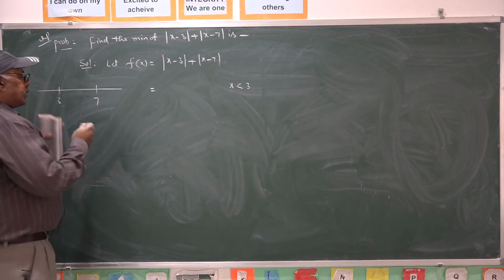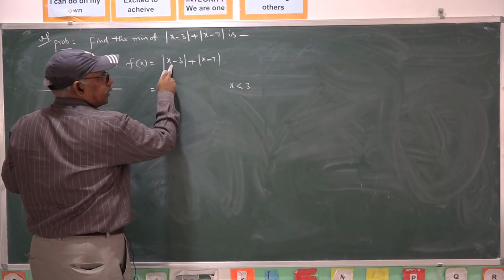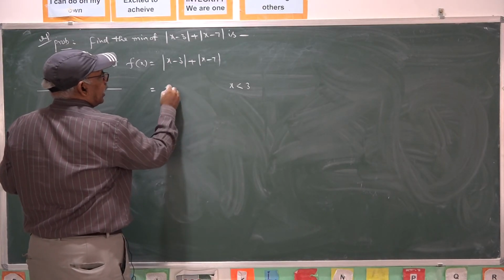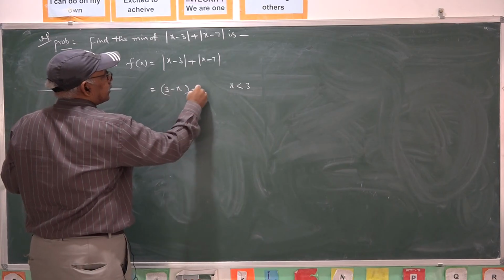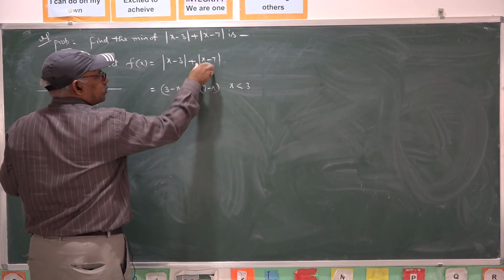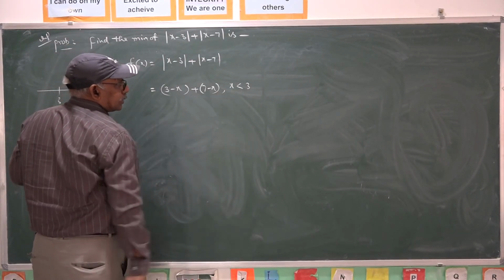For x less than 3, this is negative, this is also negative. Hence, we get 3 minus x plus 7 minus x. Mod x minus 3 is 3 minus x, mod x minus 7 is 7 minus x for x less than 3.